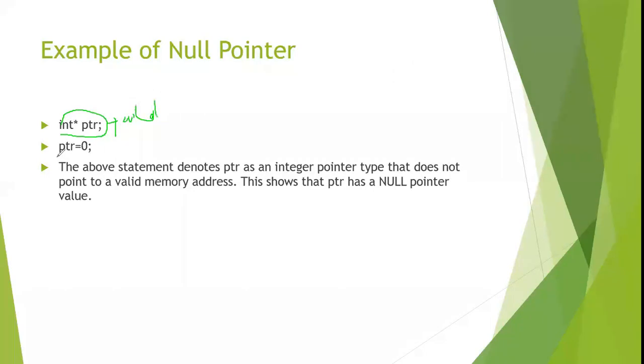When I say ptr is equal to 0, it becomes my null pointer, because we have assigned the null value, that is 0, to my pointer. Here we have not assigned any value, so it is my wild pointer. The above statement denotes ptr as an integer pointer type that does not point to a valid memory address. This shows that ptr has a null pointer value.